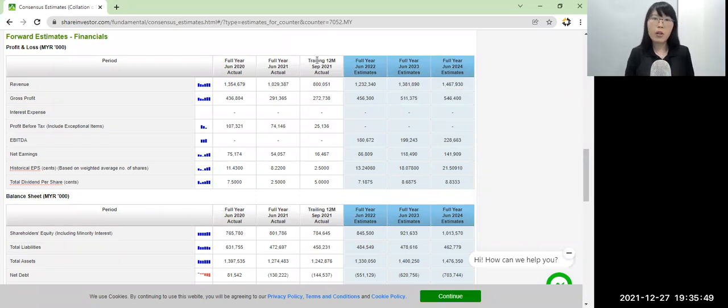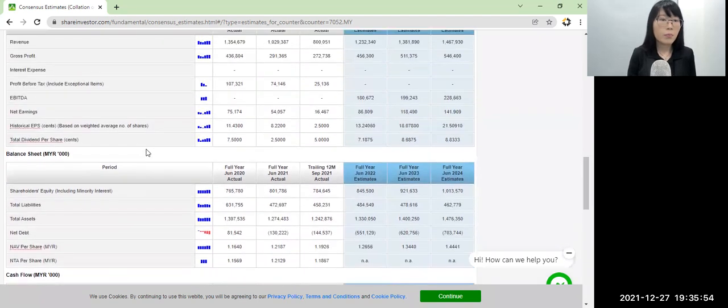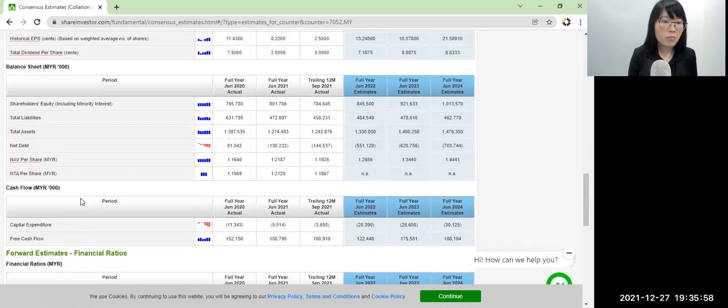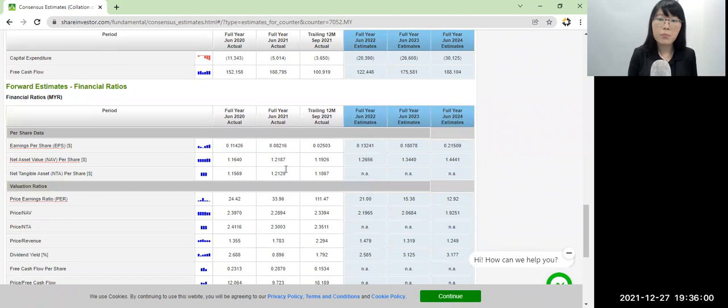Most importantly, what is the earning per share? Here.